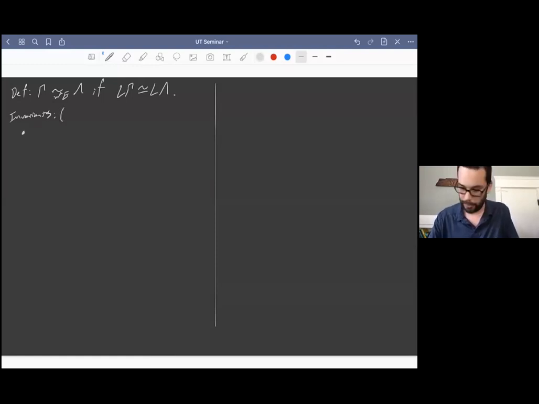So let me put some names here. So we have Schwartz, Connes, Jones, Popa, and Cowling and Haagerup. And then many other people worked on this as well.